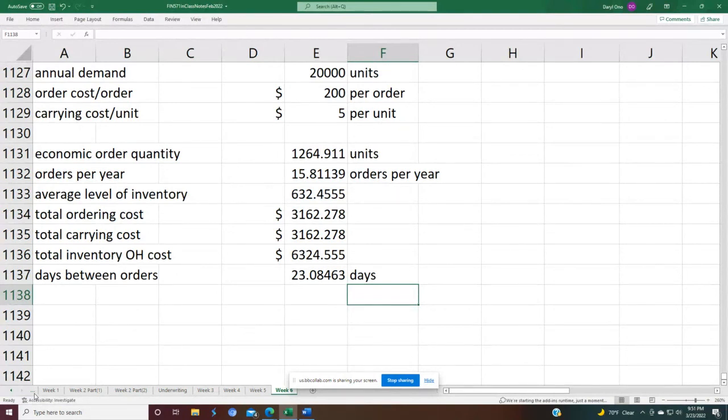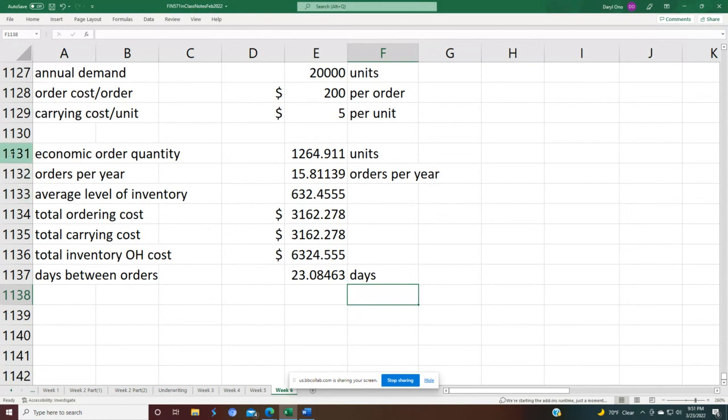Every 23 days, you're going to place an order for this item. Probably what you're going to do is computerize that so that it's going to place an order for you every 23 days for this item.